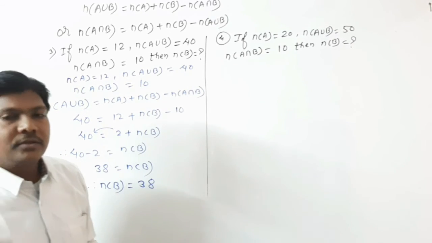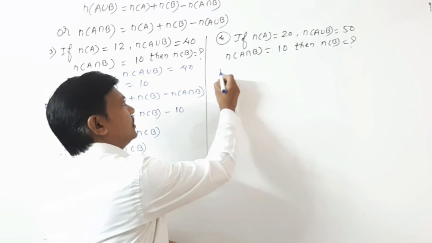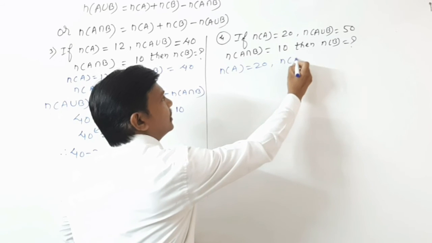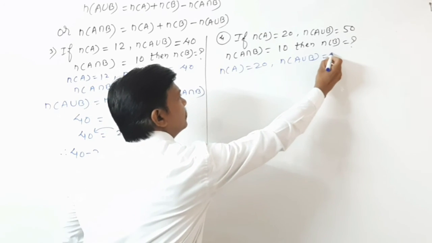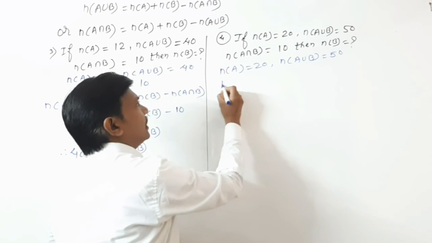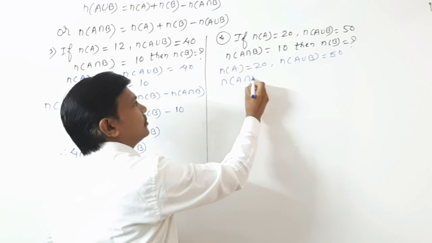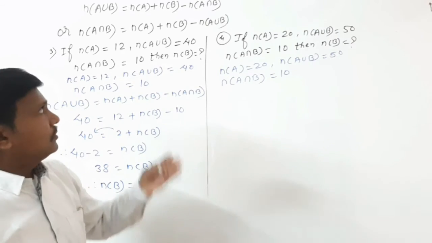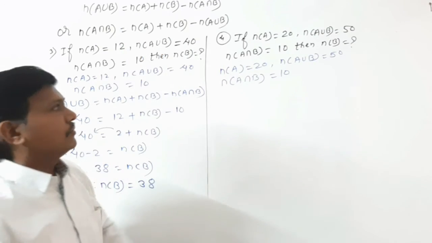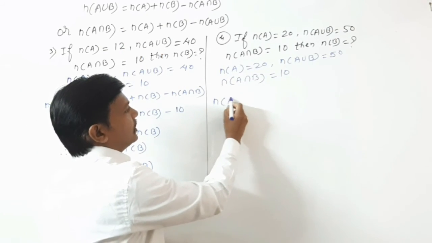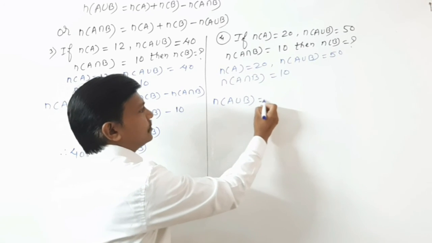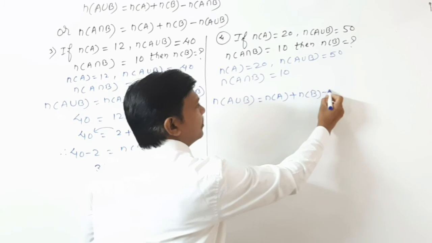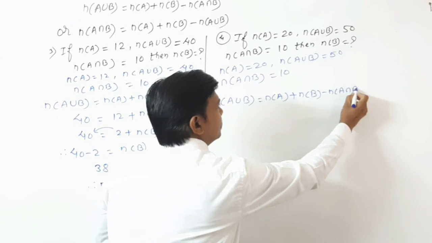Similarly, see here, n(A) given is 20, n(A union B) equal to 50, and number of elements in A intersection B is 10. So again, write any formula, first or second. So we apply the first one. Number of elements in A union B is n(A) plus n(B) minus n(A intersection B).